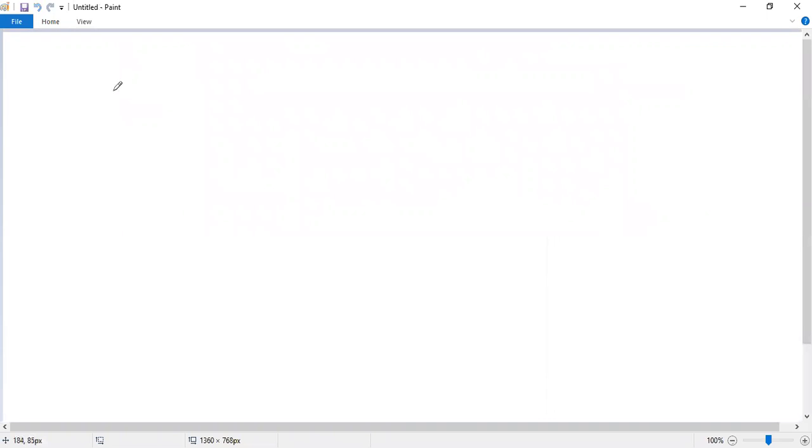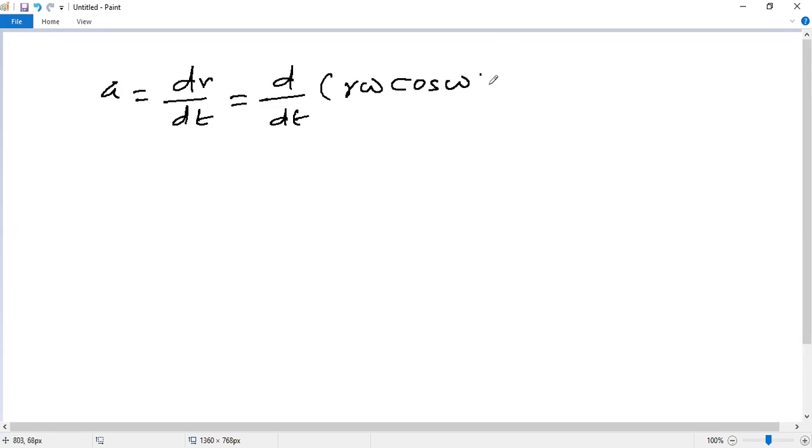Now acceleration A is equal to dv by dt, d by dt for the velocity formula, r omega cos omega t. So I am doing the differentiation.